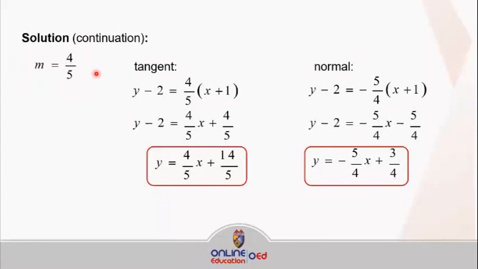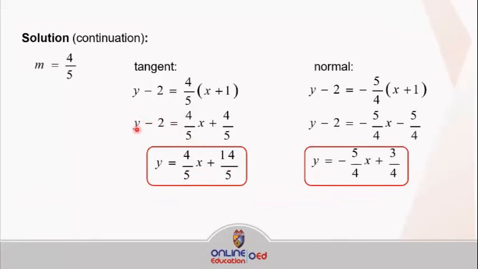And then for the value naman dito sa tangent, application lang din yung formula natin for the tangent, which is y minus y1 natin, and then x minus x1 natin, and then the value of the slope or yung m natin. So the tangent is y minus 2 is equal to 4 over 5 times the x plus 1. And then for the value of y, we have na yung value of 4 over 5x plus 14 over 5.